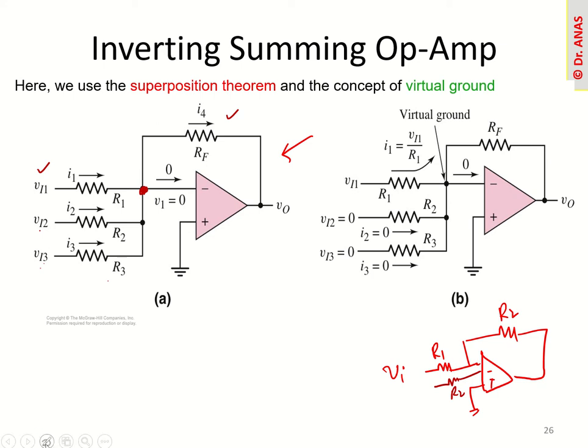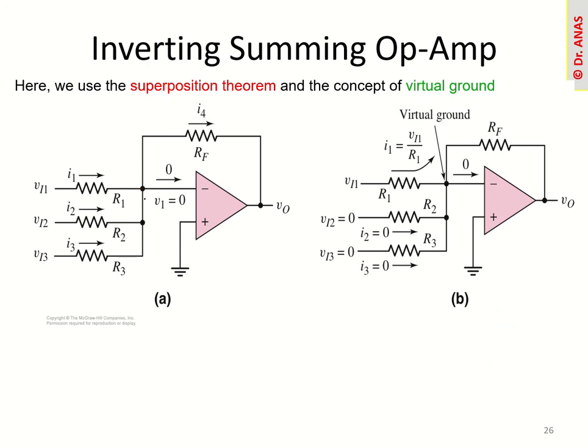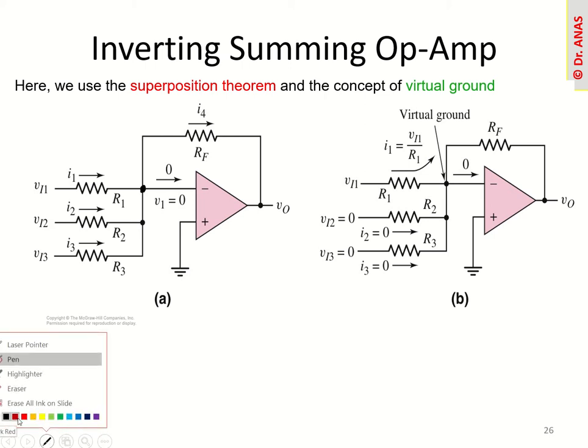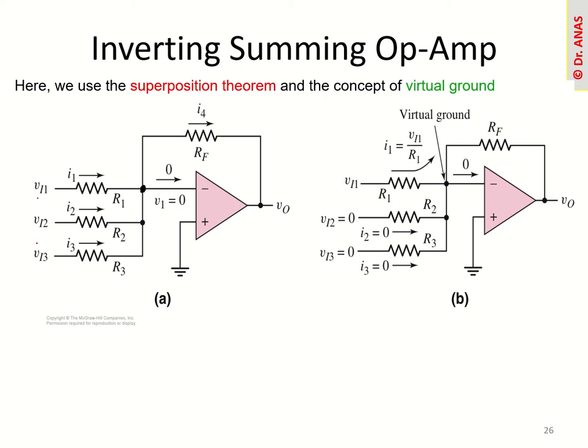Now what will be the output? It's very simple. We will use the superposition theorem. Like you must have studied in Electric Circuits 1, we solve each source separately. We know that this is a virtual ground, so this will be 0, and we take each input source separately.